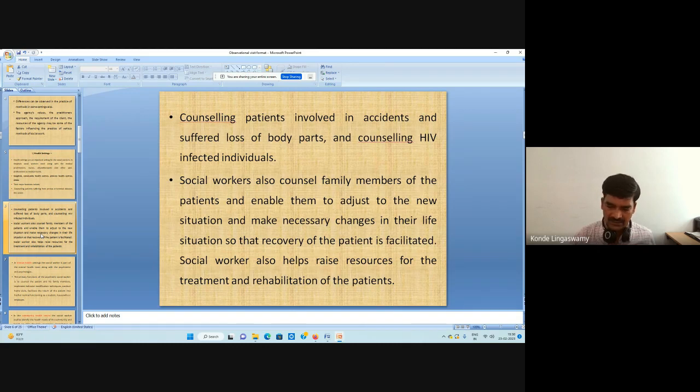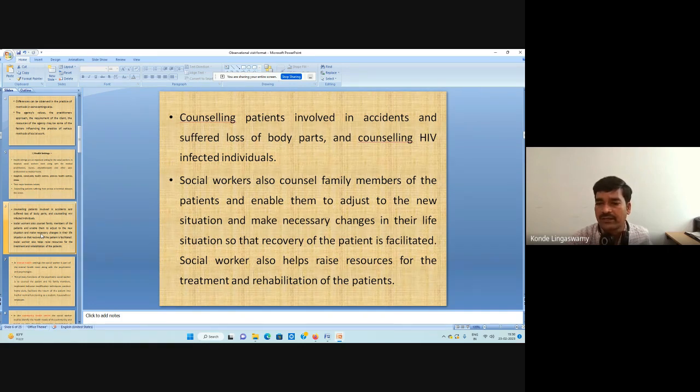For example, for a patient with HIV/AIDS, the social worker gives counseling to the patient's family members, enabling them to adjust to the new situation once HIV/AIDS is confirmed: how the community will see them, how they will treat the patient and his family.